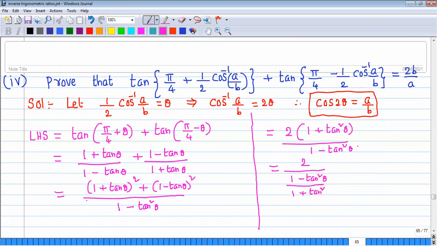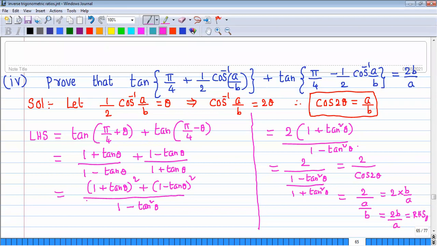This 1 minus tan square theta by 1 plus tan square theta is cos 2 theta. So 2 upon cos 2 theta. I already told you previously, what is cos 2 theta? A by B. Substitute, 2 upon A by B, so we can write 2 times B by A. This is 2B by A, the RHS. Clear? Understood this step now?